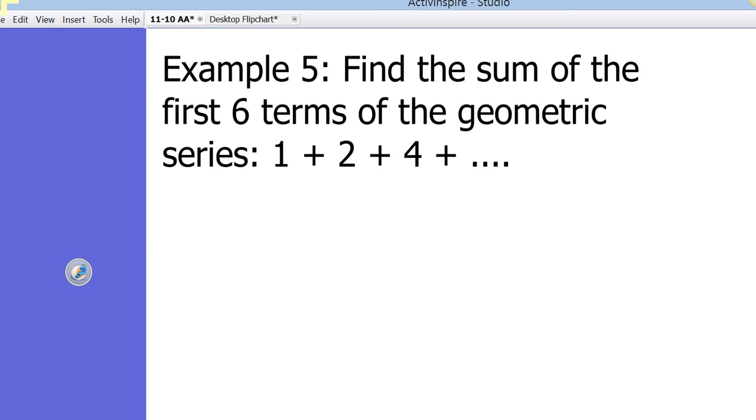What's 1 minus 64 over negative 1? Work out the top all the way. Yeah, S of 6 equals 1 times negative 63 over negative 1. Bam. What is negative 63 divided by negative 1? 63. What's 63 times 1? 63. Booyah.